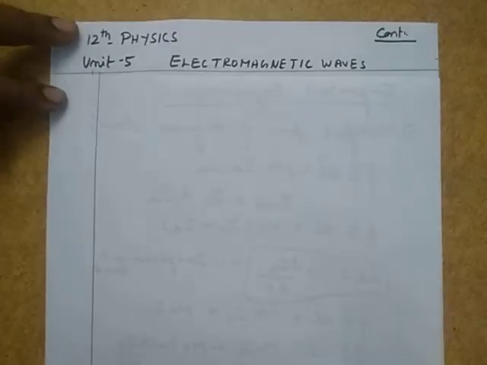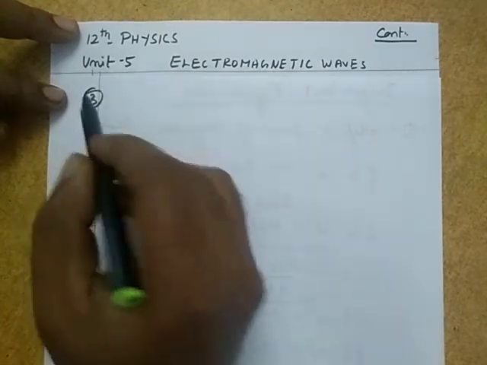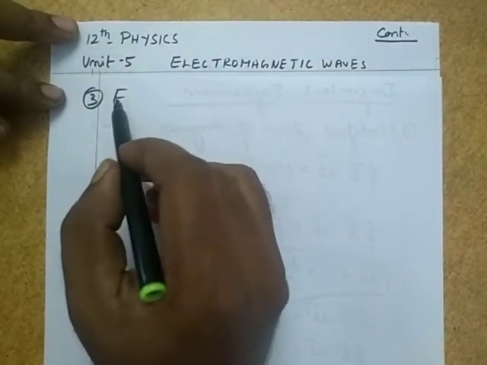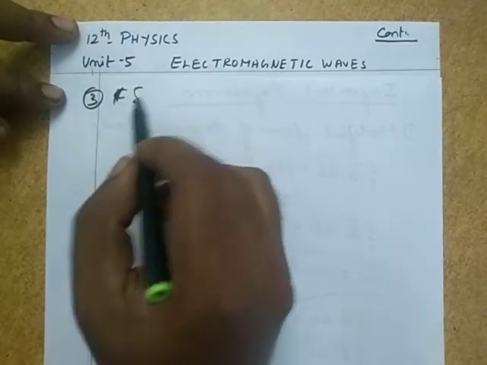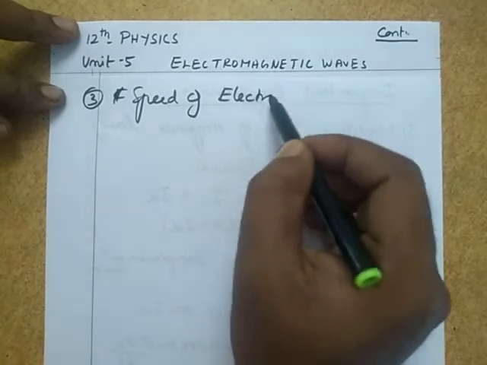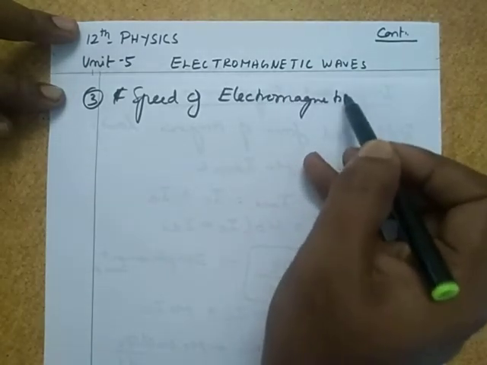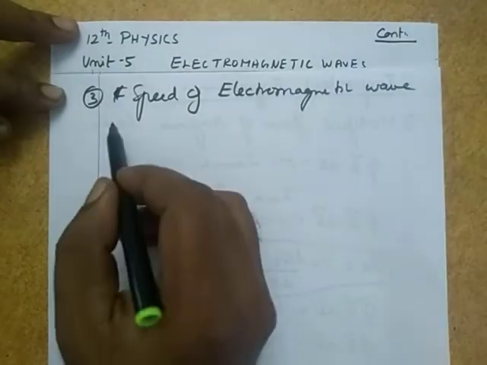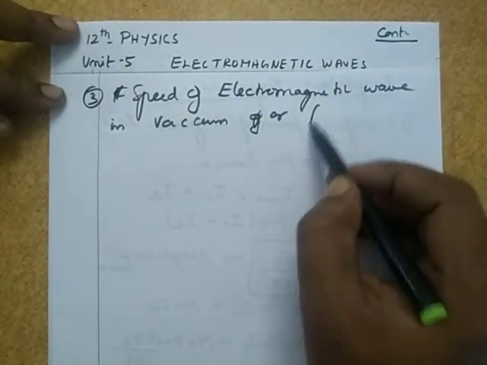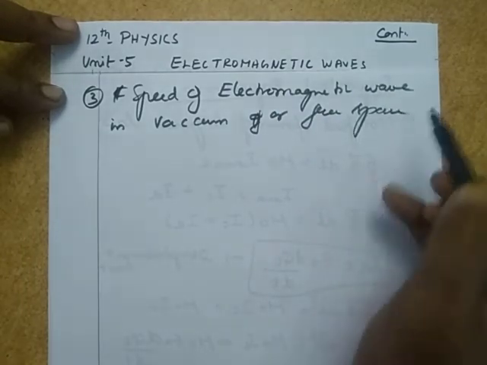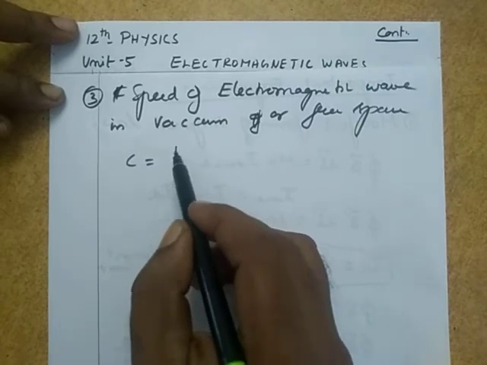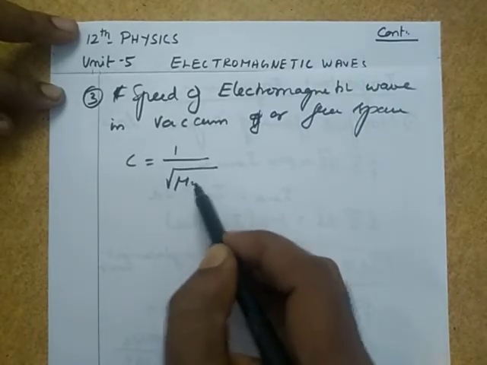From the properties of electromagnetic waves, we know the speed of the electromagnetic wave in vacuum or free space is C equal to 1 by root of mu naught epsilon naught.